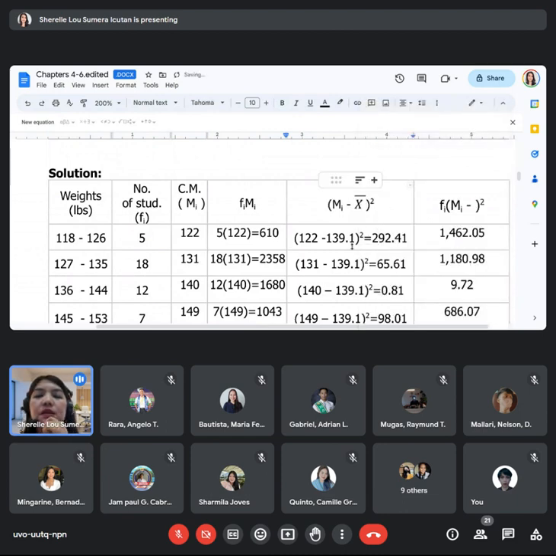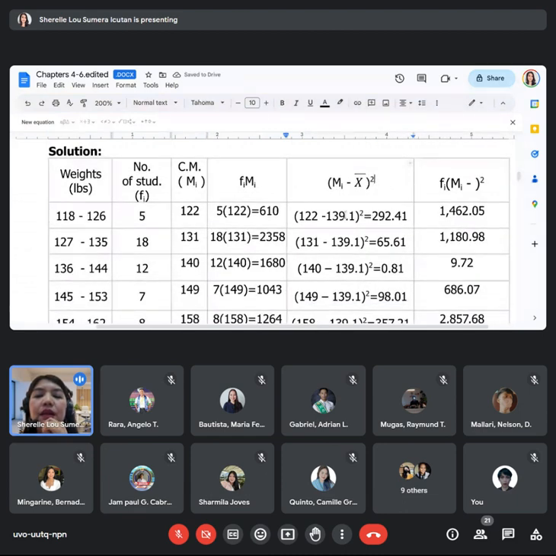Okay? So, parang kanina, take note that in computing for your MAD, you have Mi minus X bar, then get the absolute value. But in here, instead of just getting the absolute value, you have to get the square. Diba? So, Mi minus X bar squared.